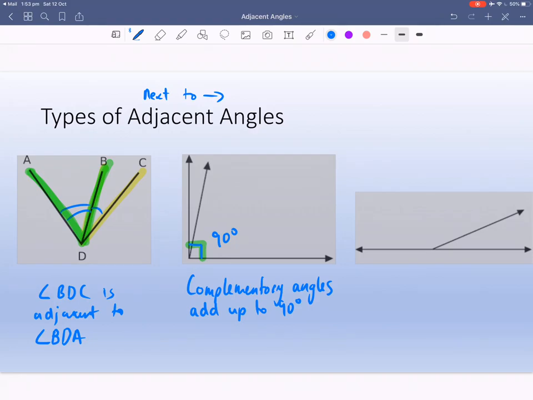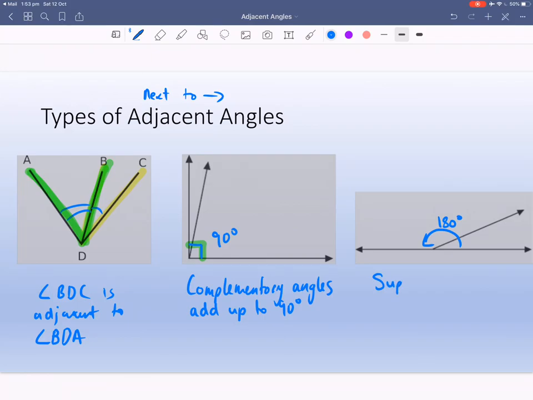All right. The next one is another set of adjacent angles, or angles that are next to each other, but it's got a different name, and it's called supplementary angles. So supplementary angles, guess what they add up to? They don't add up to 90 degrees. They add up to what? How many degrees is that? 180.